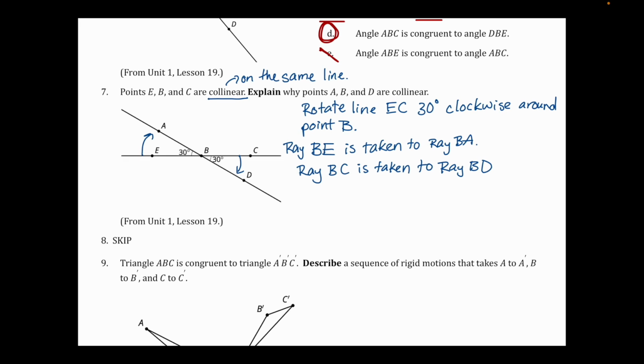And since EBC is collinear and they land on those opposite rays, we can now say that those rays have to be lines. Rotations basically take lines to other lines.